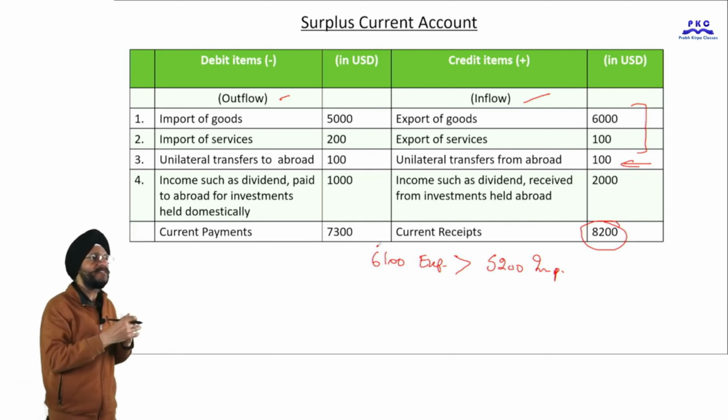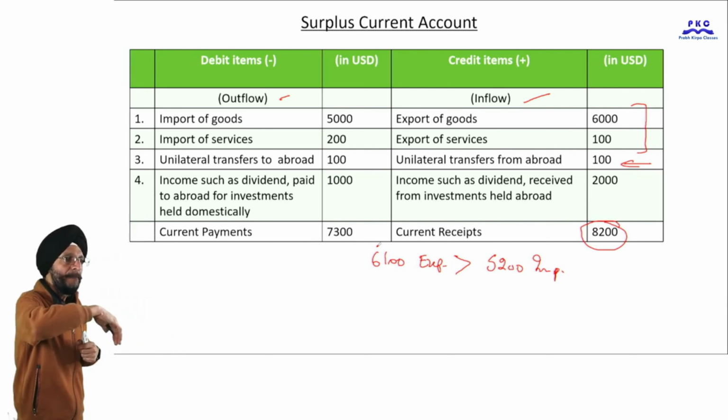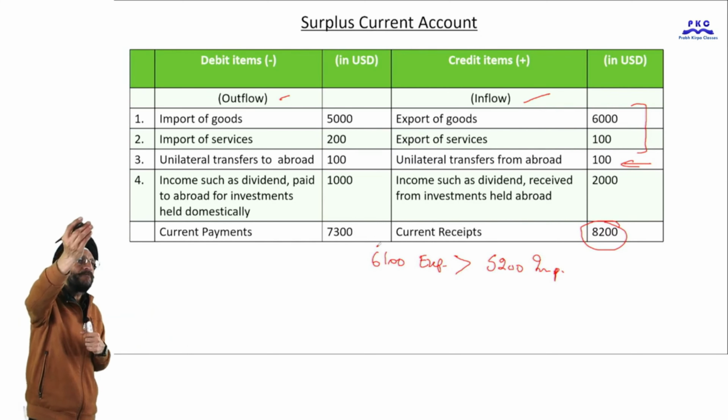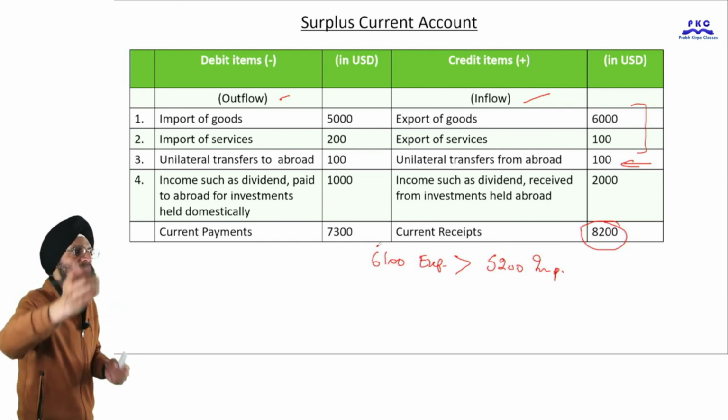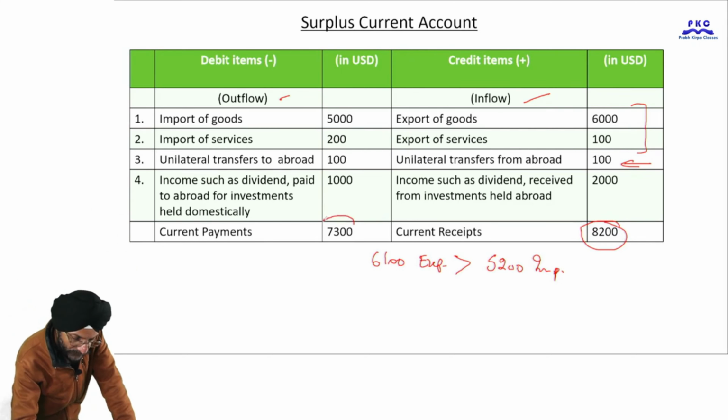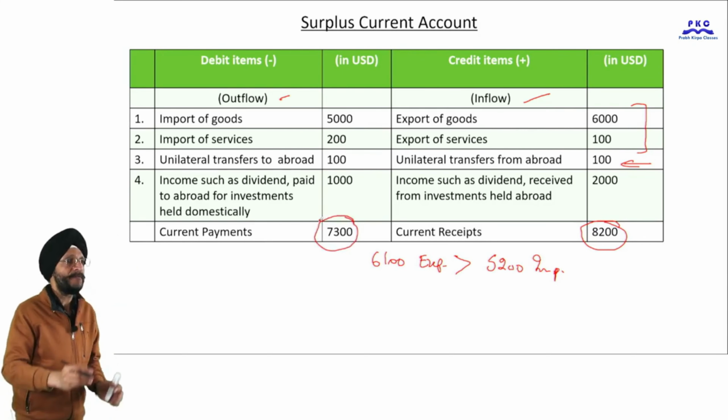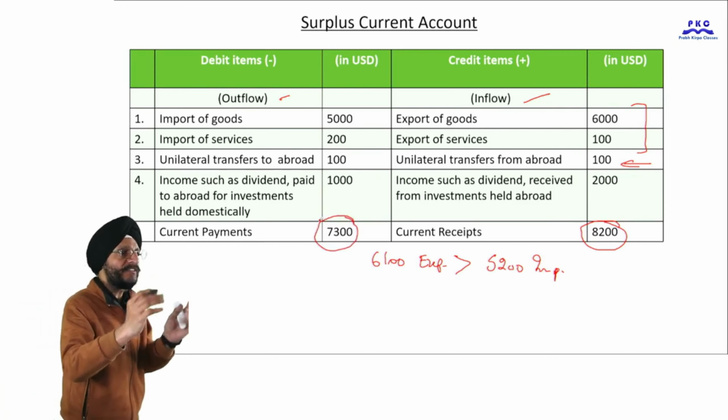And on the other side, the country is making payments abroad. That is, there is outflow of foreign exchange to the tune of 7,300.